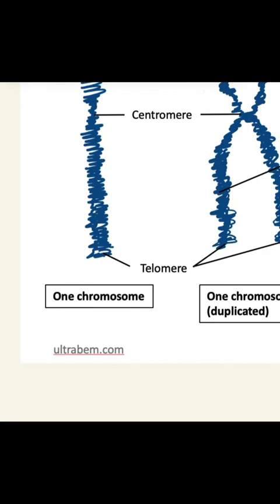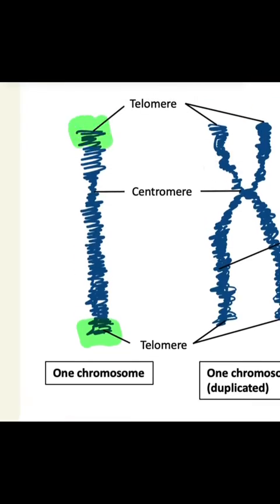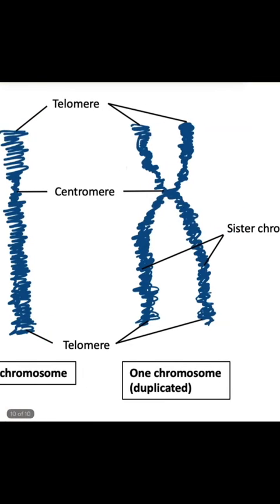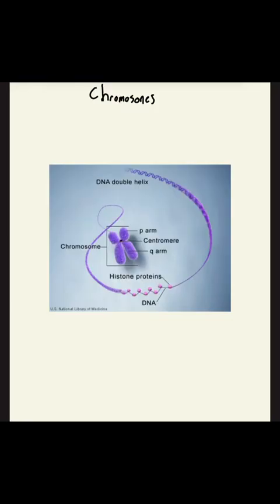So they're protective things that go on the end of these chromosomes to protect the genetic material. Now, the centromere also holds the chromatids together and plays a key role during cell division. So here, it's holding these two chromatids together. Okay. So now we'll have a look at this diagram here.